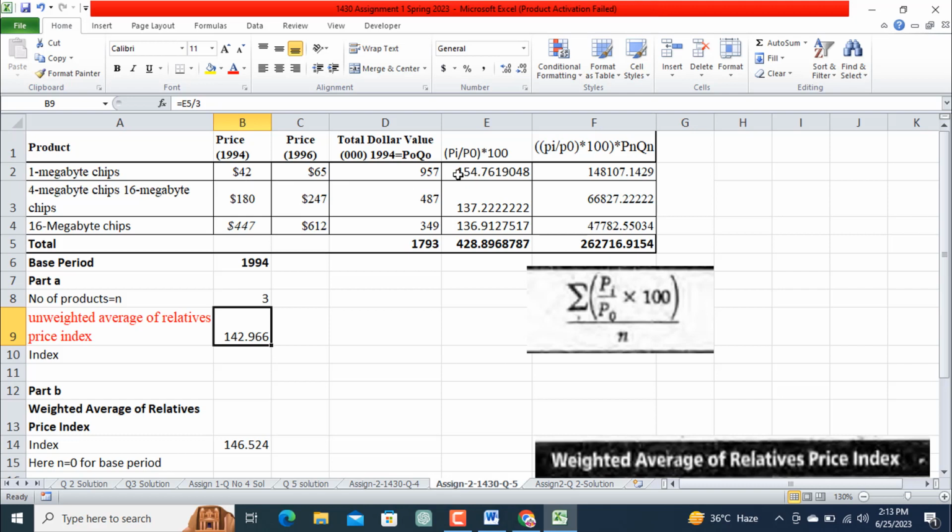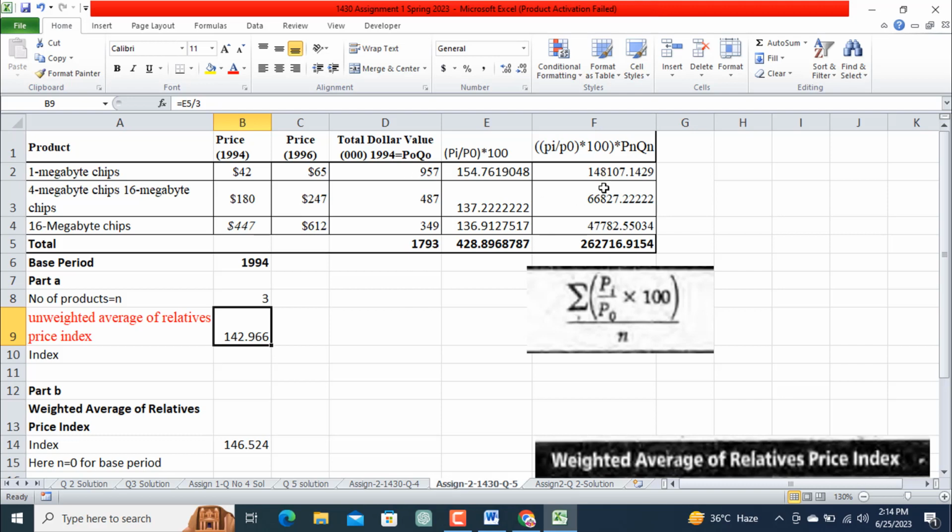So here is the P naught Q naught related to 1994. So here we will determine this Pn Qn. How am I going to determine this? We already determined this column. We just multiply the corresponding values of the E column with the respective values of column D, which is also known as P naught Q naught.